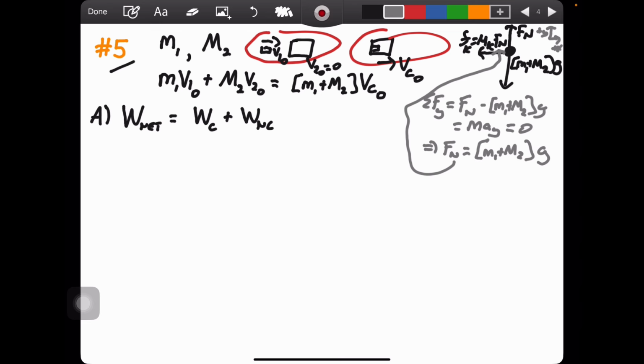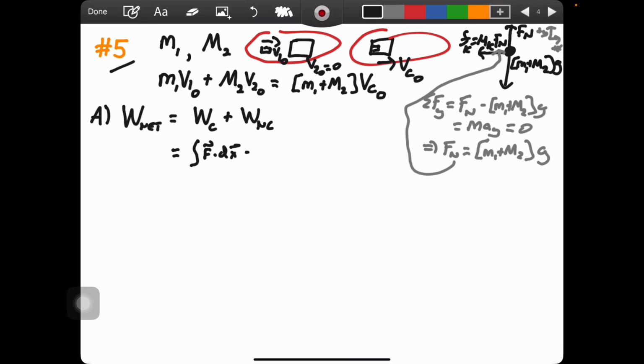The cosine of 270 is 0. Let me be a little bit more specific. I can describe this net external work as an integral of F dot dx, where in this problem we're talking about just motion in the x direction. So that's why I'm going to say dot dx.